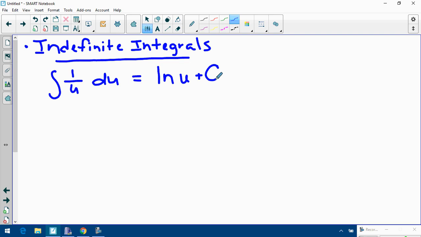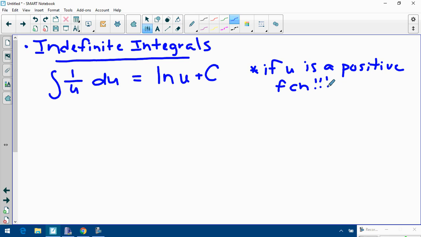Okay, now that should make some of you a little bit uncomfortable, because depending on what u is, we could have an issue. So this is only good if u is a positive function. Why would it be a problem if it wasn't positive? Because you can't take the log of a negative or 0.